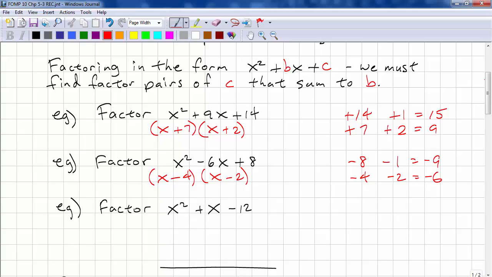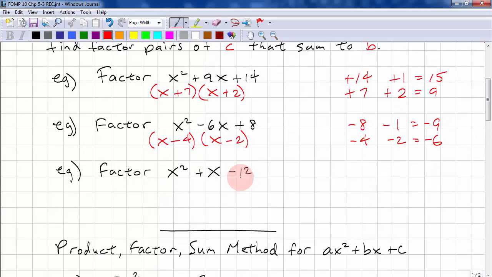Now the slightly harder case, this is what I call a medium level problem. We have a negative 12. That means we must have a positive factor and a negative factor multiplied to get negative 12. Since b is positive, our factor pair must have a larger positive number.